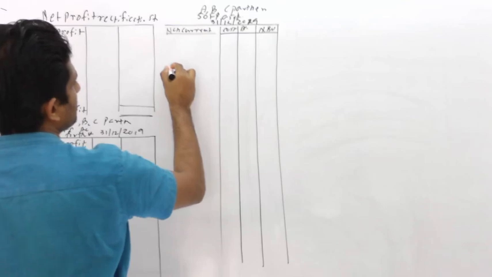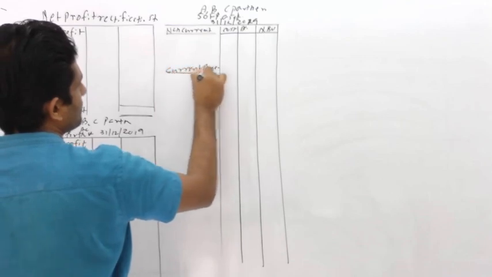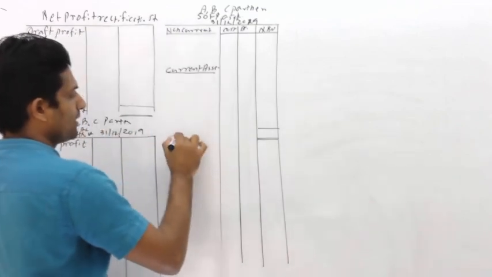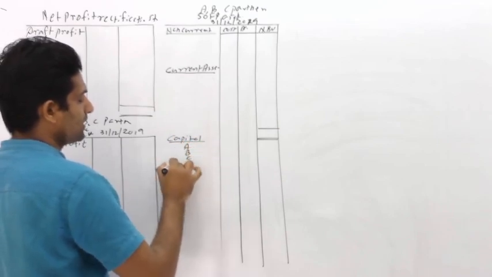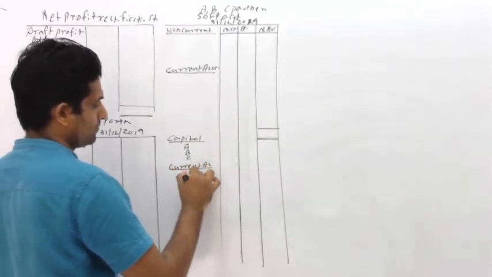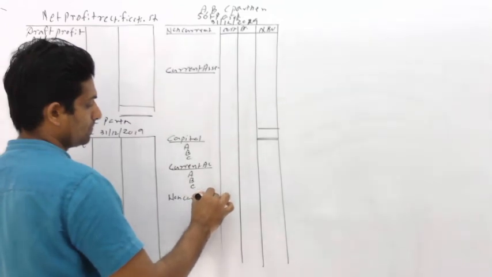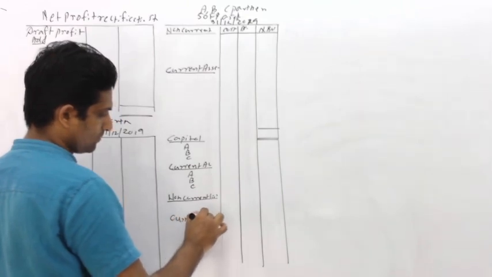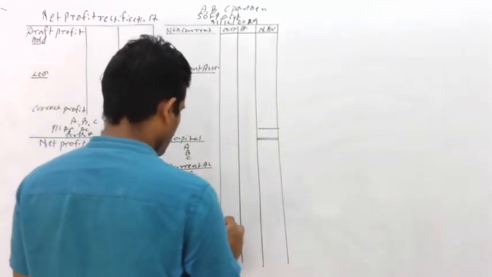Current assets, capital balances and current account balances. Non-current liabilities, finally current liabilities.